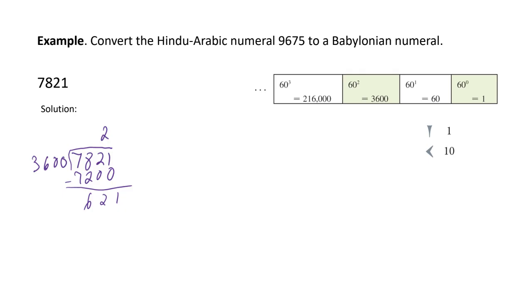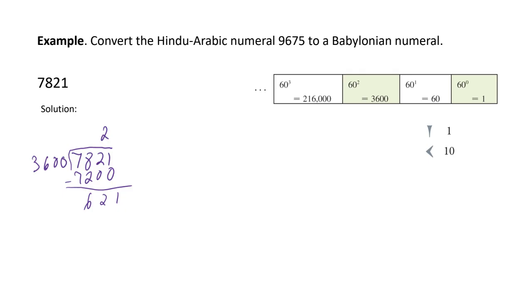identify the highest power that would divide. Well, if we look at the powers of 60, we have 1, 60, 3,600, and 216,000. Well, that's too big. So the first number that actually fits into it is 3,600. If you do this in your calculator and divide, you may get 2 point and a bunch of decimals.